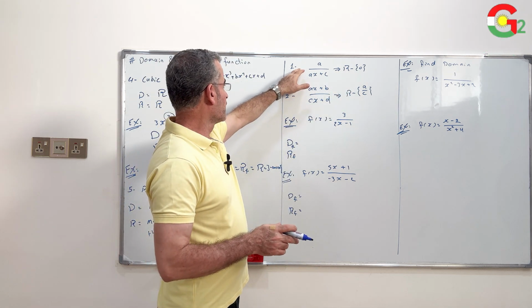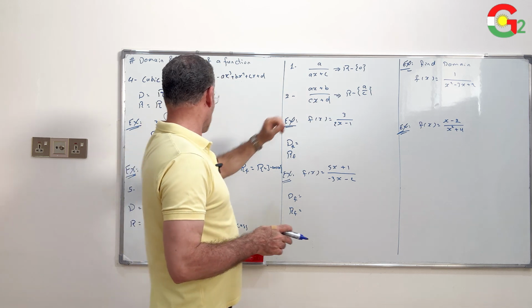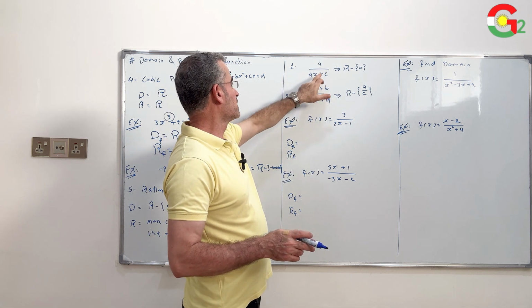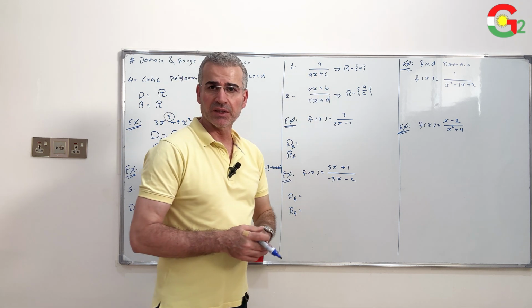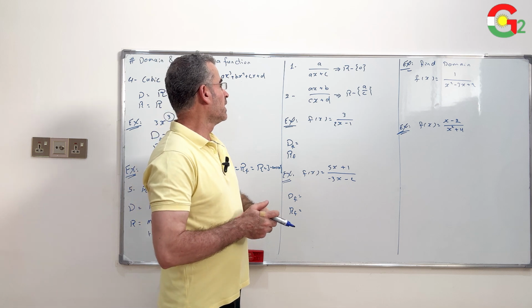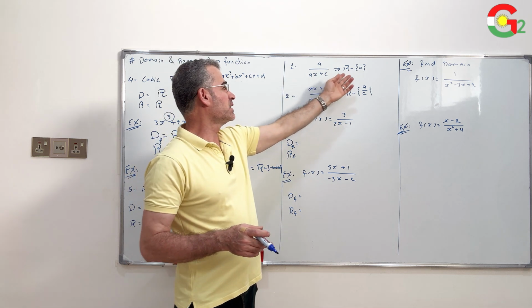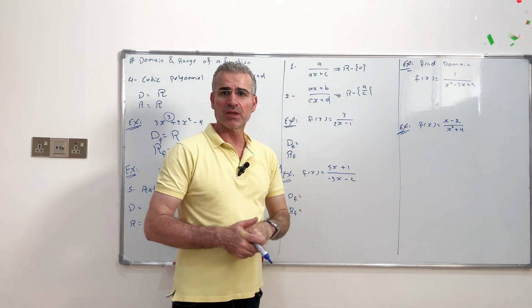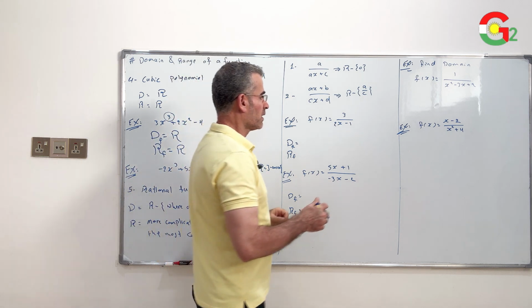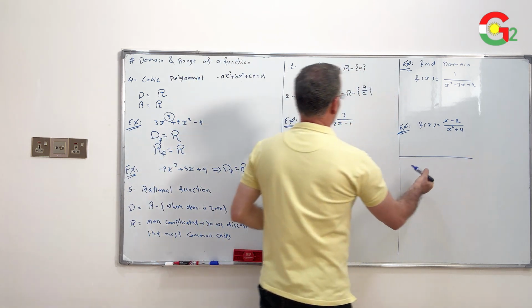If the rational function is a constant over a linear function, a over ax plus c, then the range is all real numbers except 0. Why all real numbers except 0? Let me explain it here.